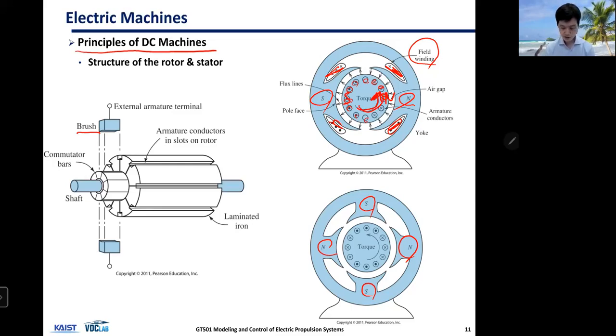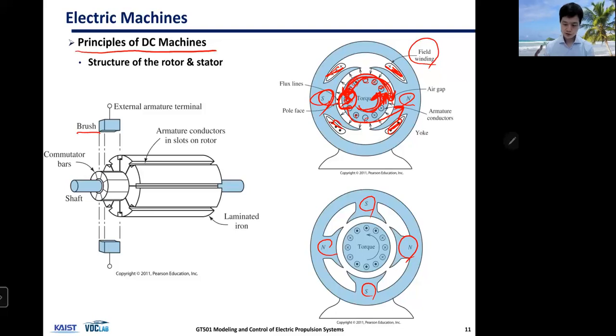And the trick here is that when it's rotating, you need to change the direction of the current flow. Otherwise, if you fix the field of the rotor, then this north will be attracted to the south of the stator, and this south of the rotor will be attracted to the north of the stator and will stick there, right? And will not generate torque anymore.